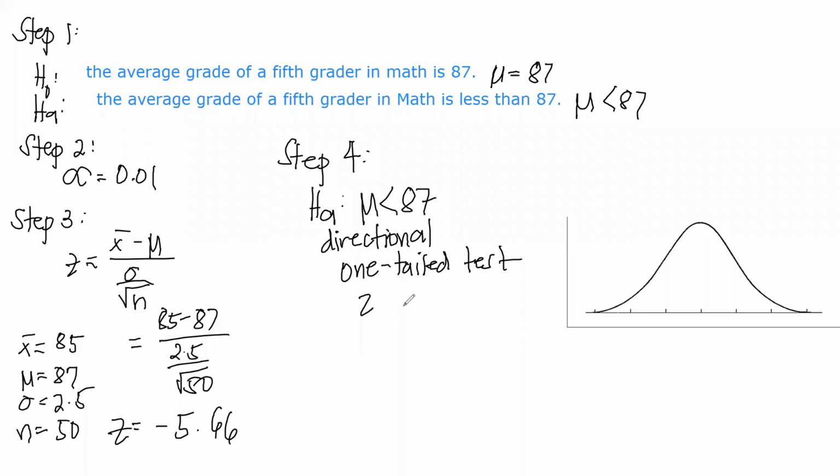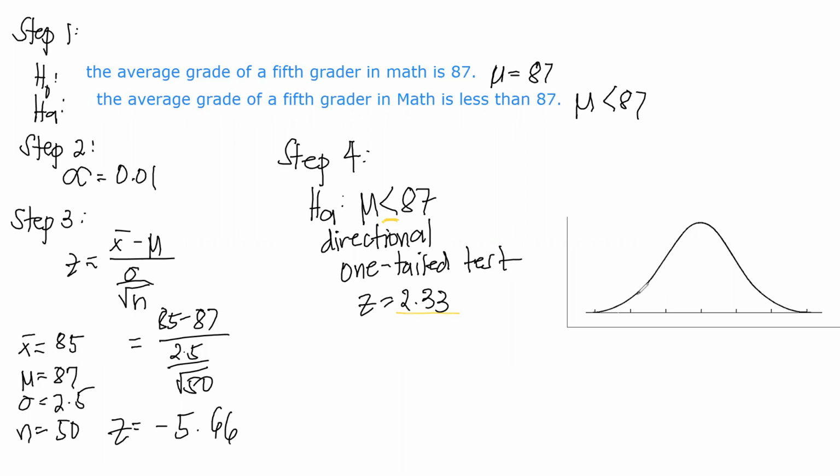So Z is 2.33. Now, let's graph our critical value and our test statistic in the normal curve. Again, since we are using less than and it is pointing to the left, therefore our critical value is at the left side of our normal curve.